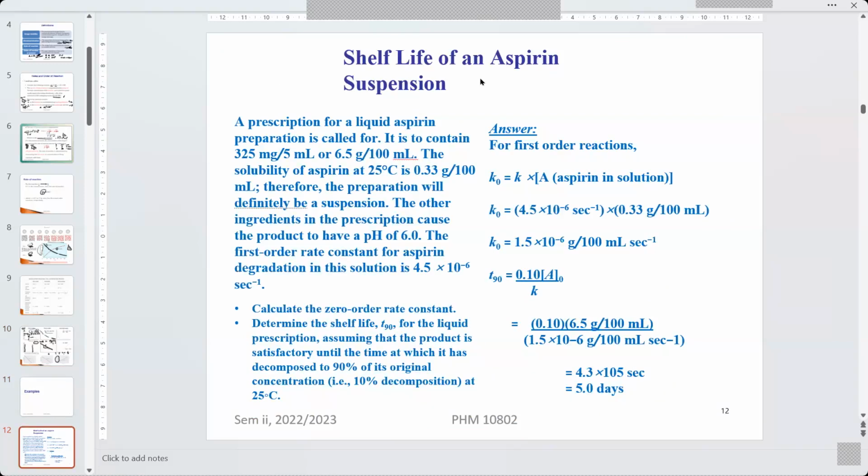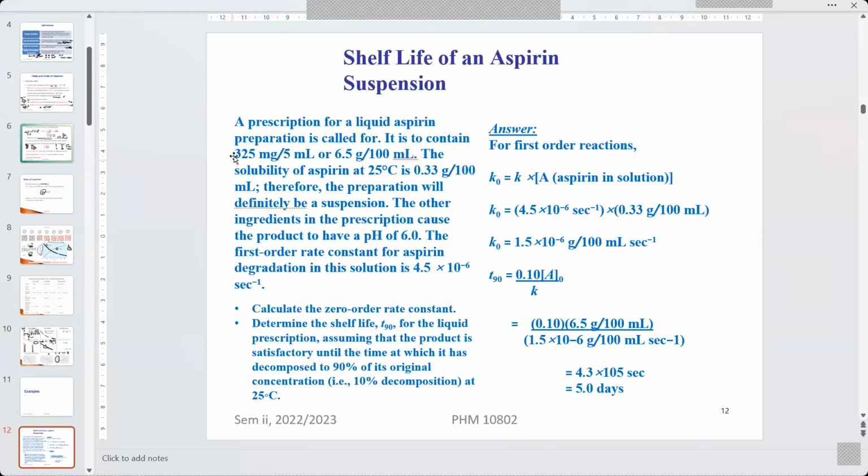Let's have examples from practice. This one we call pseudo first order or pseudo zero order. Okay, this is the example of aspirin suspension. The problem says that a prescription for a liquid aspirin preparation is called for.